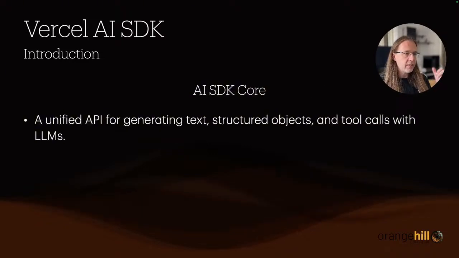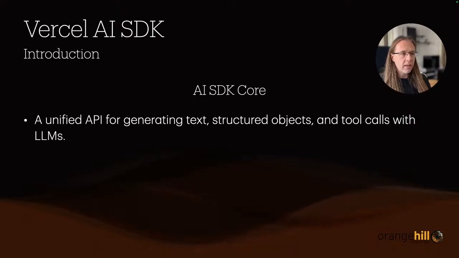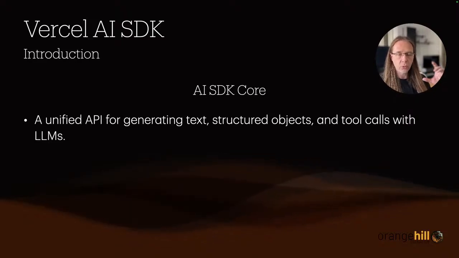Now, the AI SDK as a unified API for generating text, structured objects, and tool calls with LLMs means that apart from other things that I've mentioned, it also brings you the ability to build tools. What are tools?